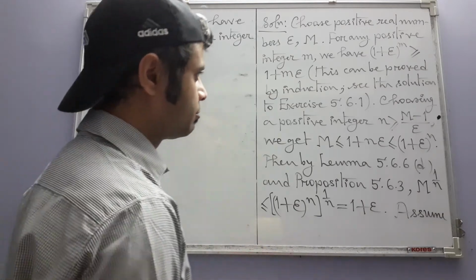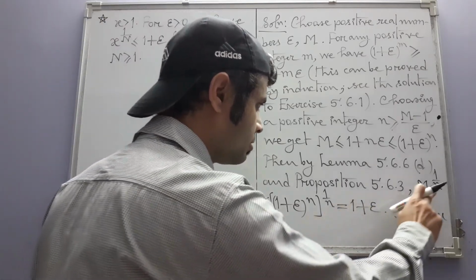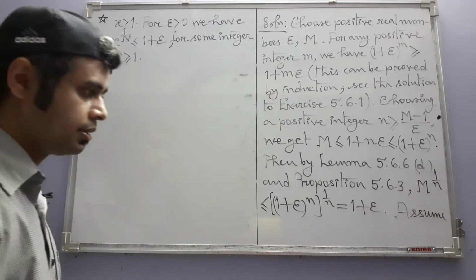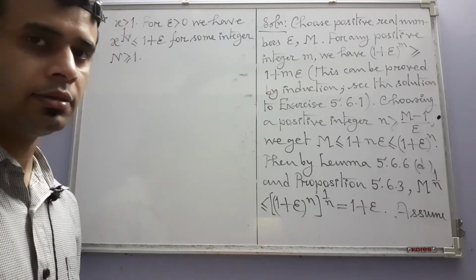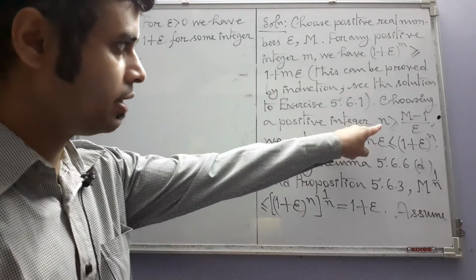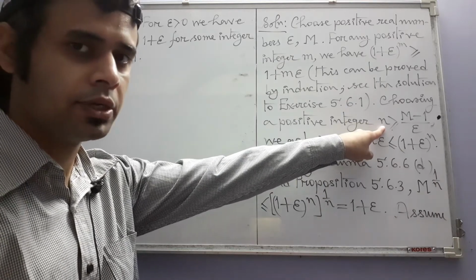I thought for a moment that this n that we have here in this inequality is any n. No, that is not true. No, this n is some particular n that we have chosen like this.